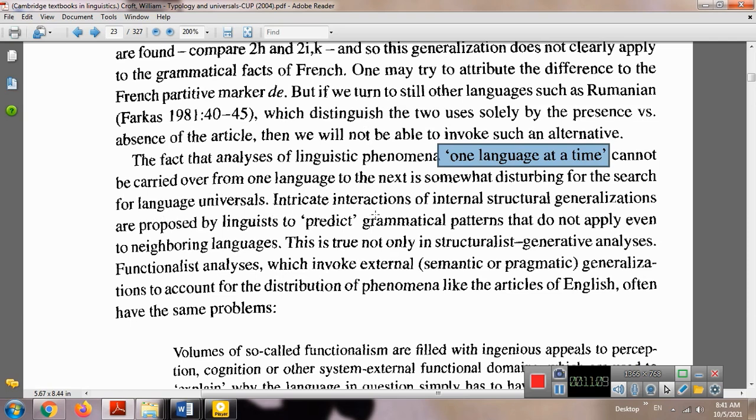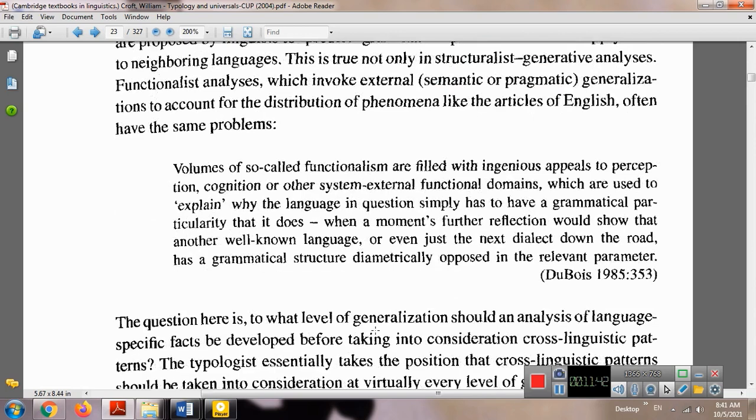Intricate interactions of internal structural generalizations are proposed by linguists to predict grammatical patterns that do not apply even to neighboring languages. This is true not only in structuralist and generative analysis; functionalist analysis, which invokes external semantic or pragmatic generalizations to account for the distribution of phenomena, like the articles of English, often has the same problems.